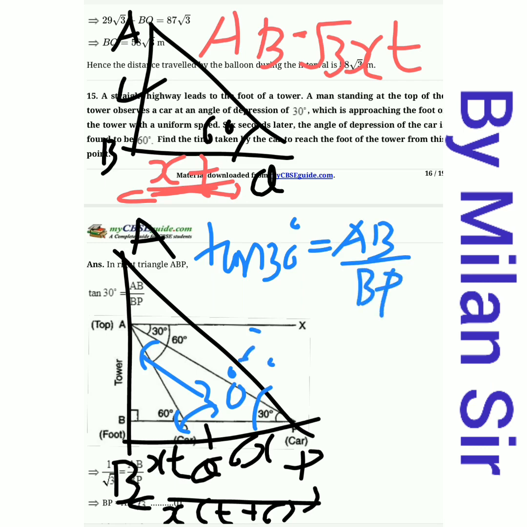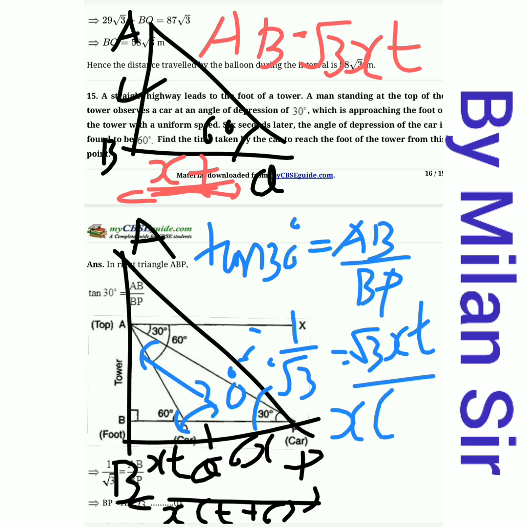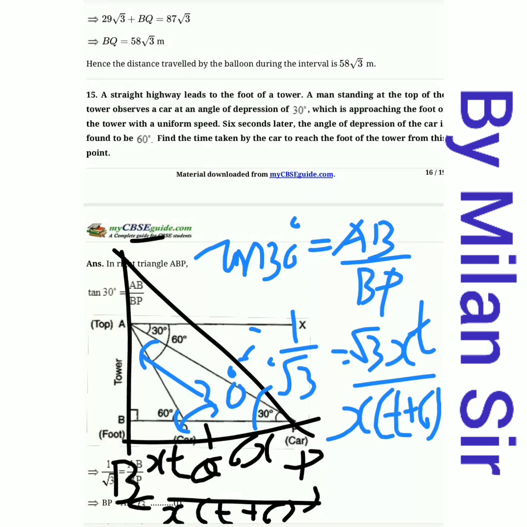Tan 30 is 1 upon under root 3. Now put the value of AB, which is under root 3 x t, upon PB, x in bracket t plus 6. We already found it, right? Now from numerator and denominator x cuts, then only one variable is remaining, it's t, so we can easily find it.